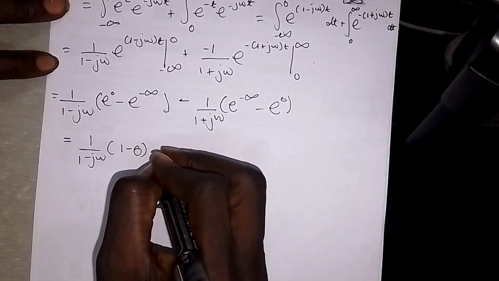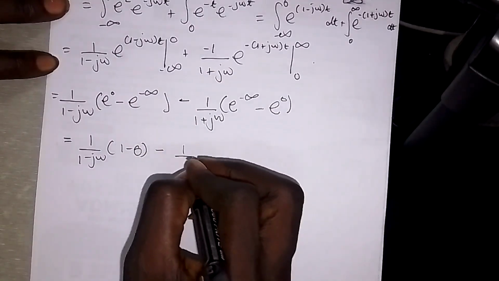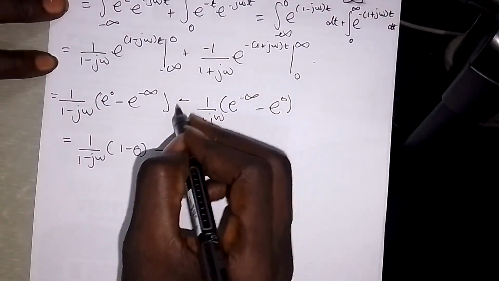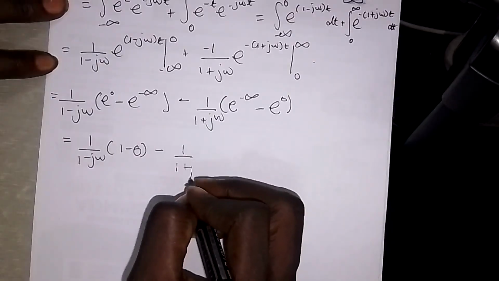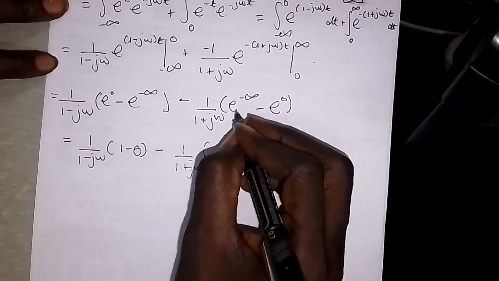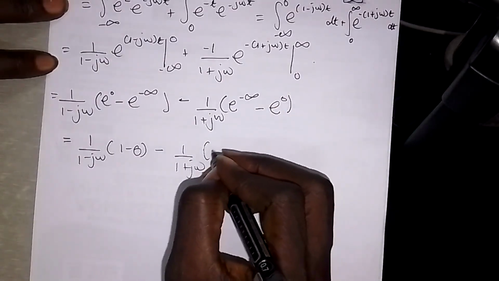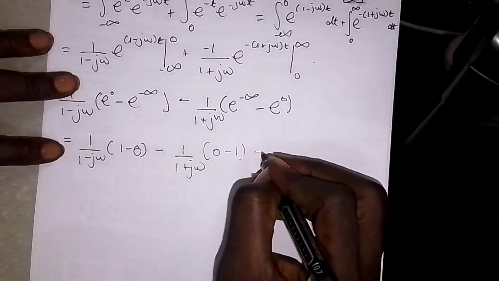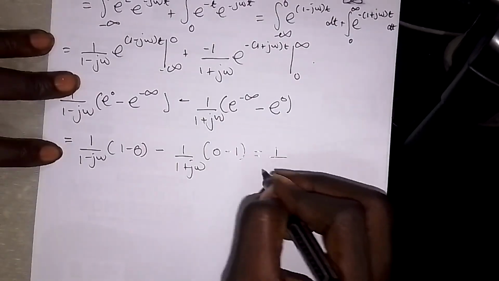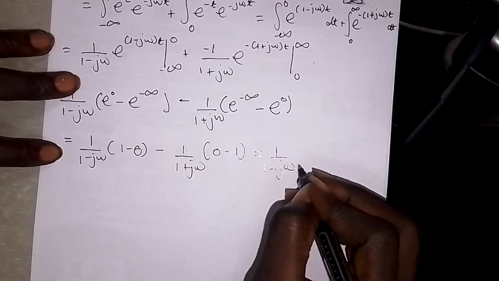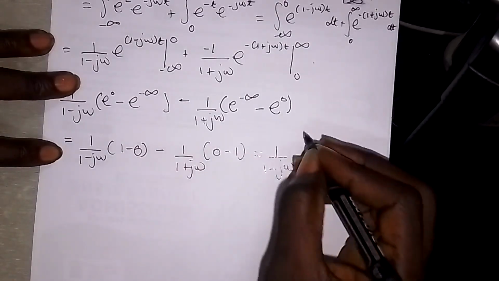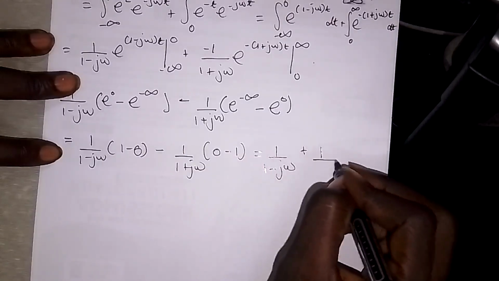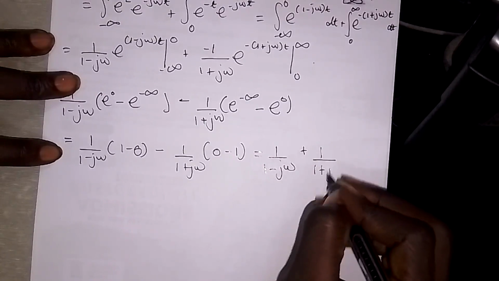And then 1 over (1 plus j omega) into 0 minus 1, negative negative is positive, so plus 1 over (1 plus j omega).